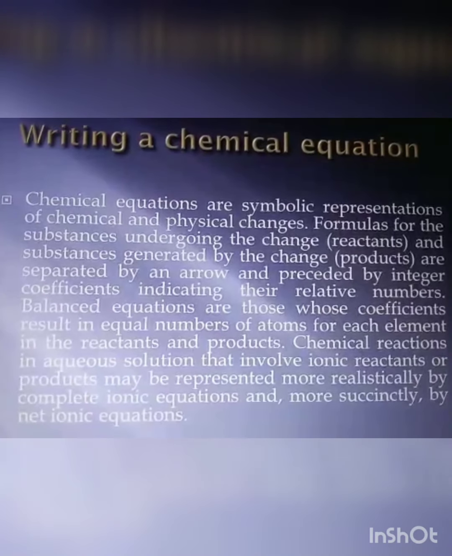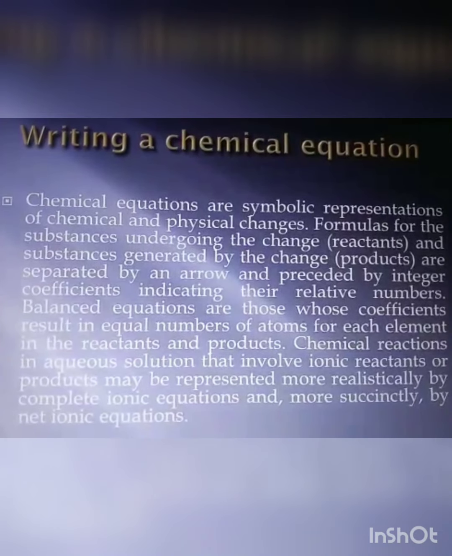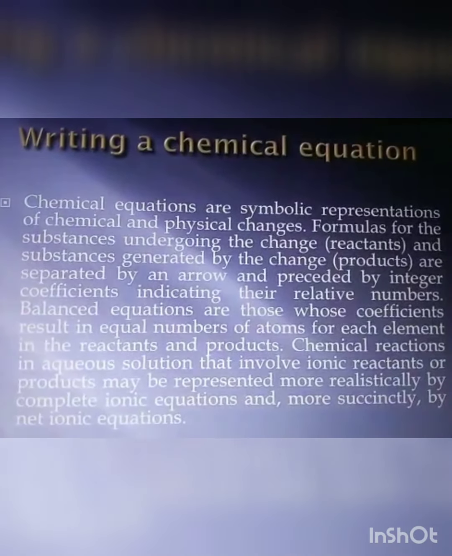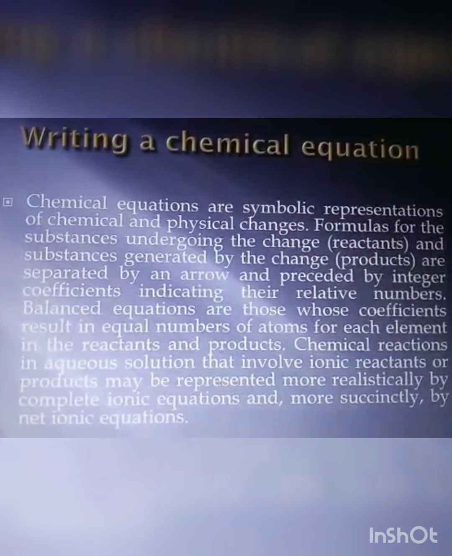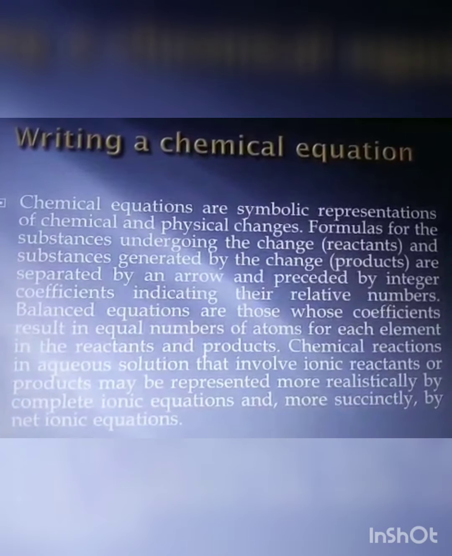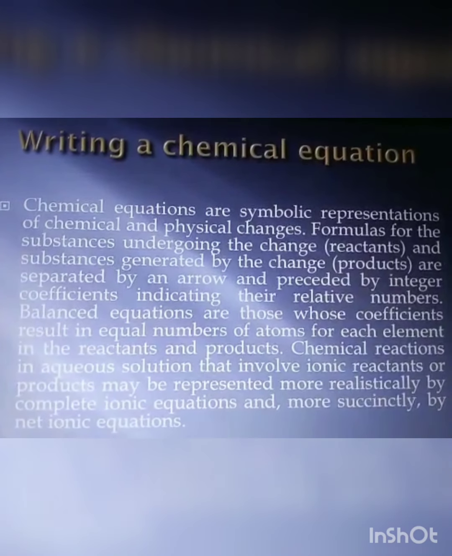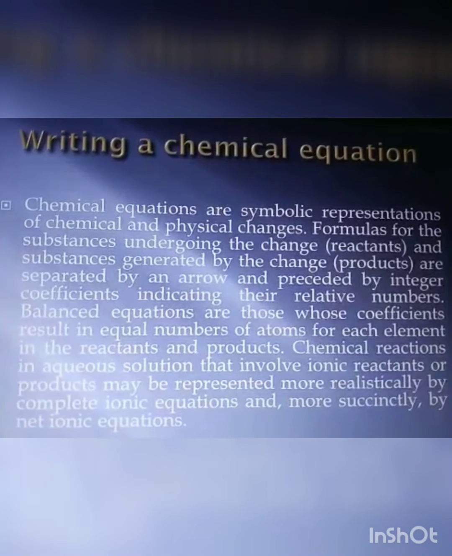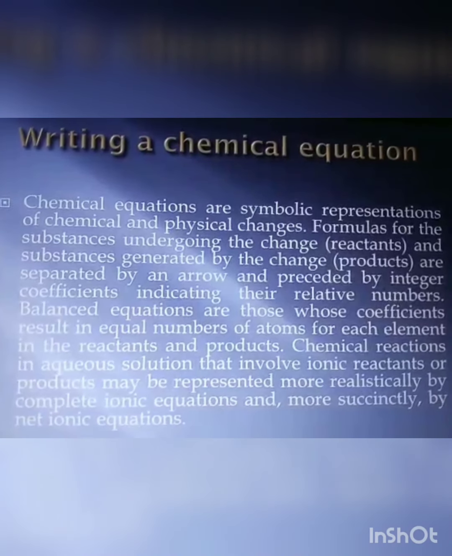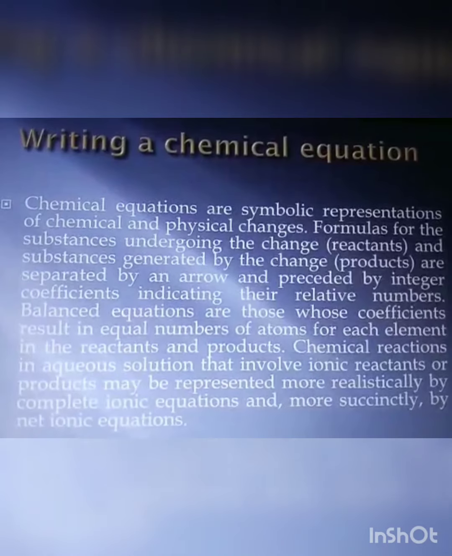Is there any shorter way of representing chemical equations? Chemical equations can be made more concise and useful if we use chemical formulas instead of words. A chemical equation represents a chemical reaction.